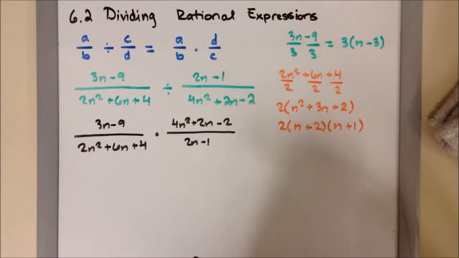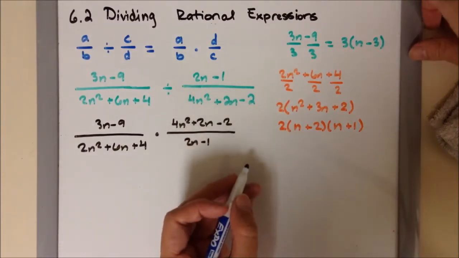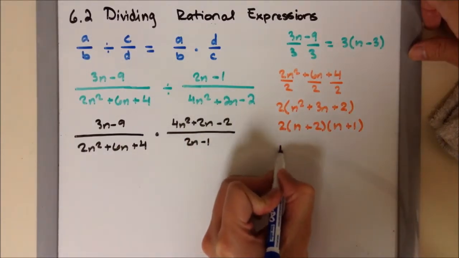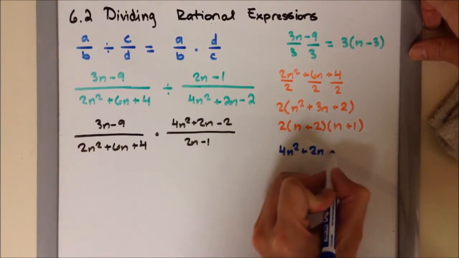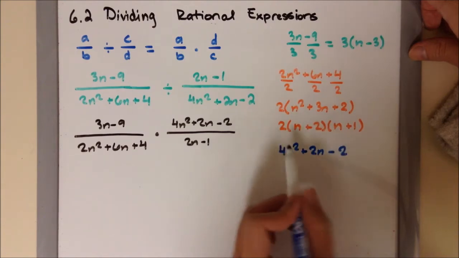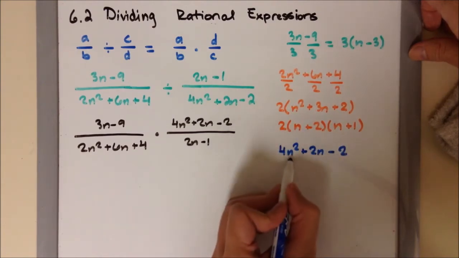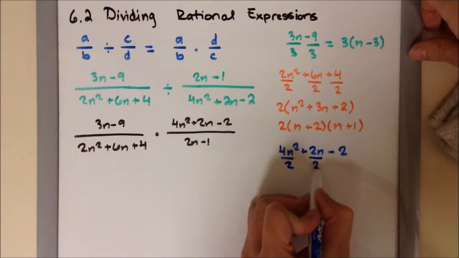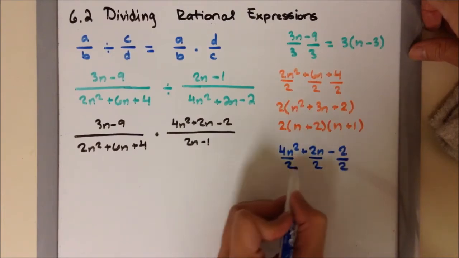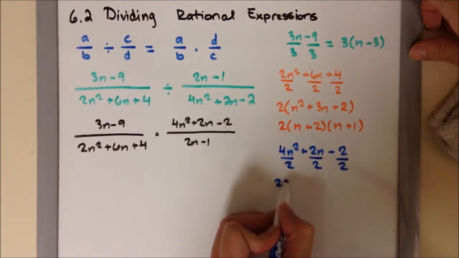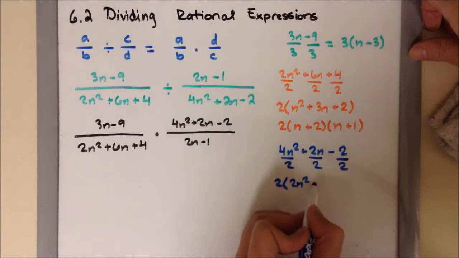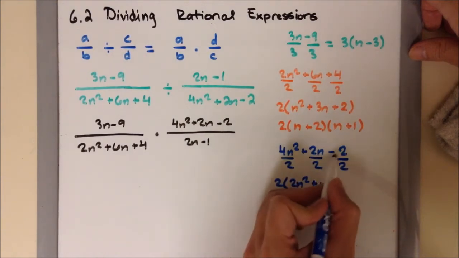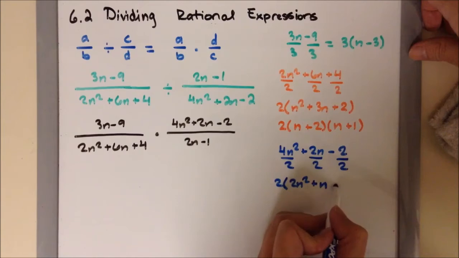Next will be the 4n squared plus 2n minus 2. Looking closely, all three terms are divisible by 2, so I'm going to put my GCF outside the parentheses: 4n squared divided by 2 is 2n squared, 2n divided by 2 is positive n, and negative 2 divided by 2 is negative 1.